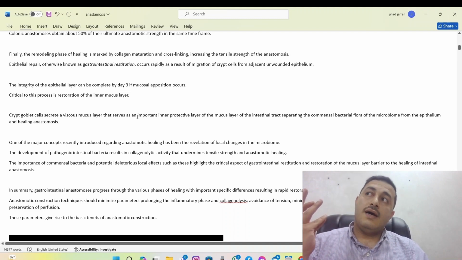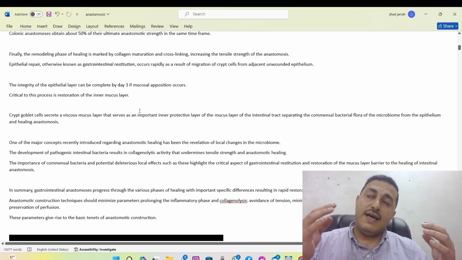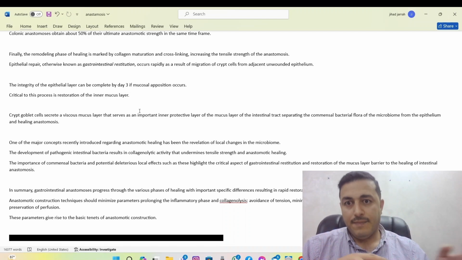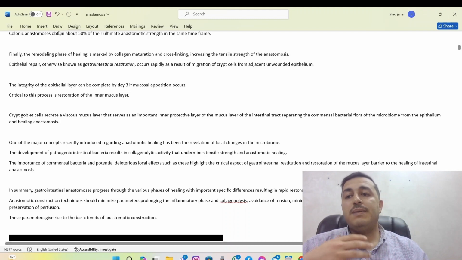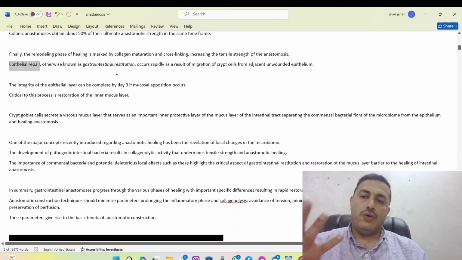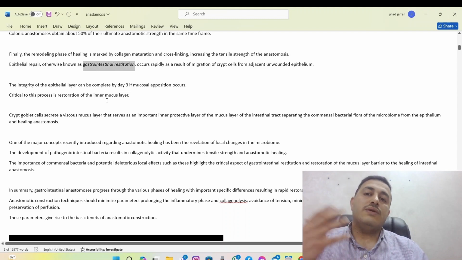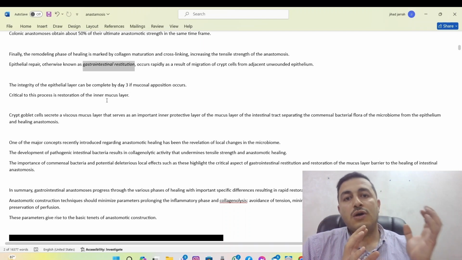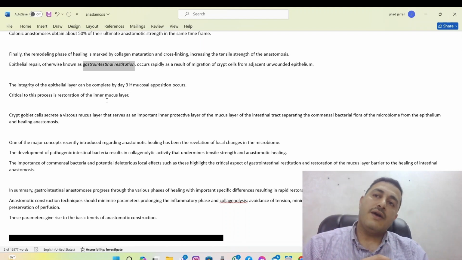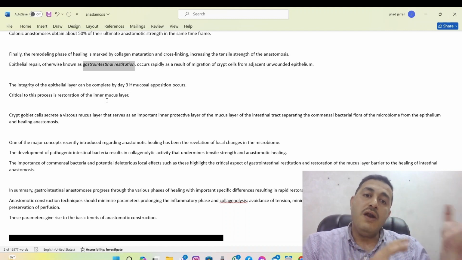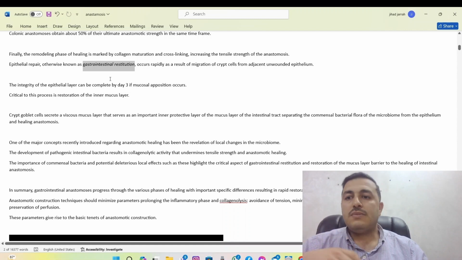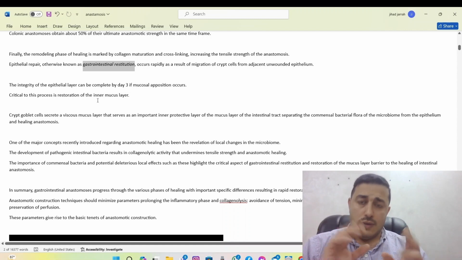First, its approximation via sutures is not mandatory, as we will see. We have a concept called epithelial repair, or gastrointestinal restitution, which is migration of crypt cells from unwounded epithelium. So there is auto repair called restitution, or simply epithelial repair.